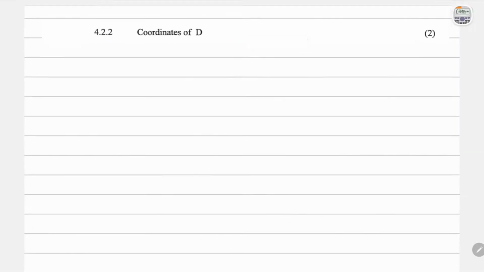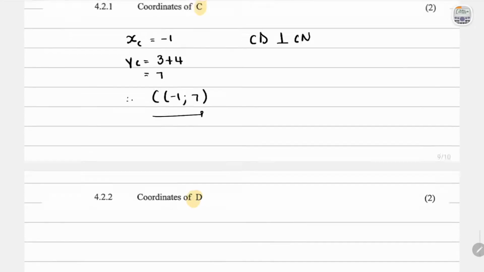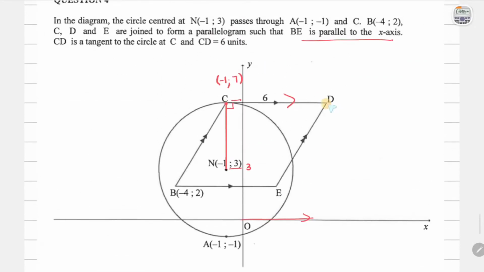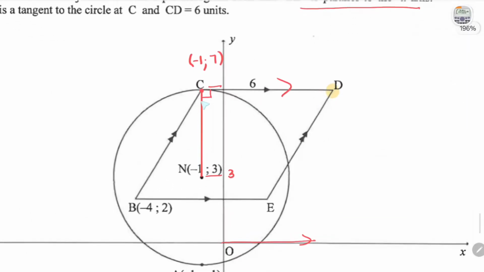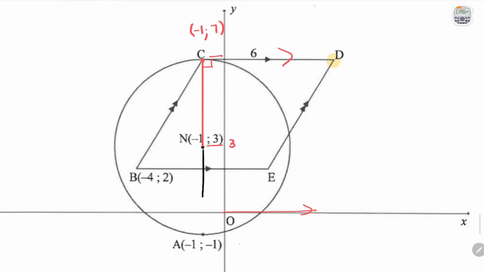Question 4.2.2, we need to find the coordinates of D. So D is over here. That would be the same principle really, because this is a vertical line and it is perpendicular to CD. CD is a horizontal line. You know that the x value here was -1. So we're really just moving from -1, and CD is exactly 6 units.